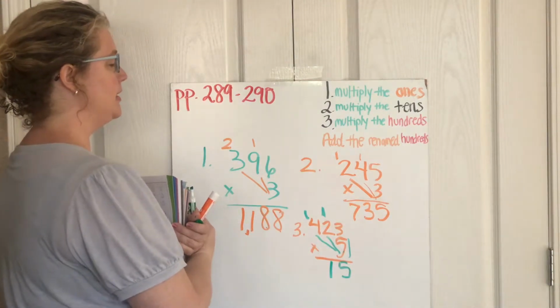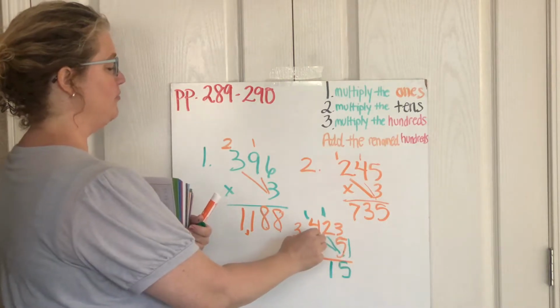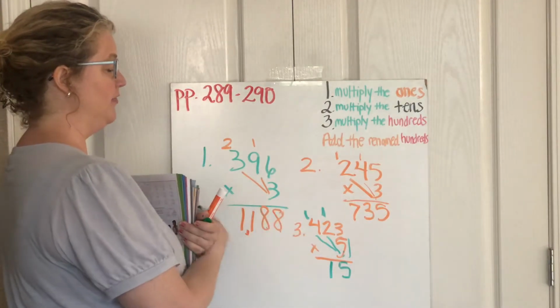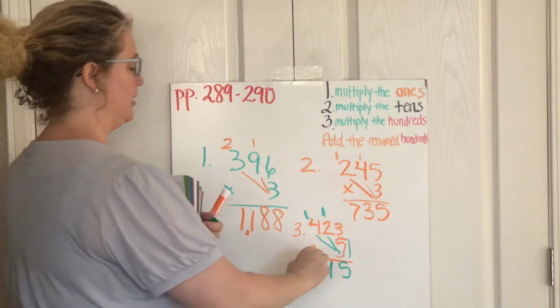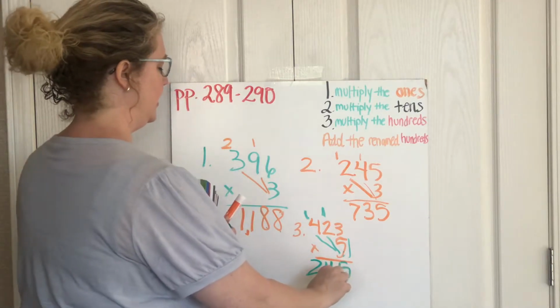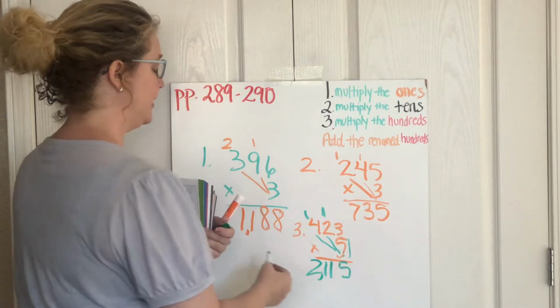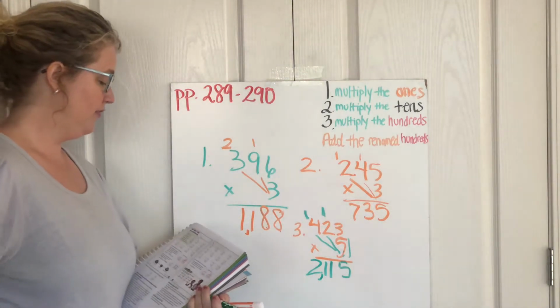Multiply the hundreds, add the renamed hundreds. 5 times 4, 5, 10, 15, 20. I need to add this, and that makes it 21. Ones, tens, hundreds, thousands. That big product is 2,115.